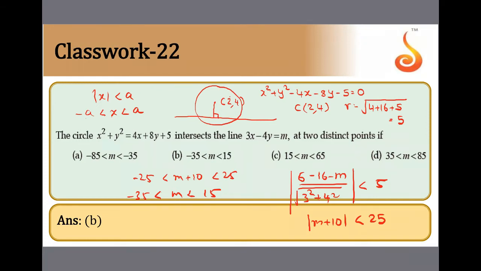You drop the perpendicular from (2, 4) to this line. What is the formula we used? We studied (ax1 plus by1 plus c) by under root of a square plus b square. Correct? This is the length of the perpendicular. That must be less than the radius. Clear to you?